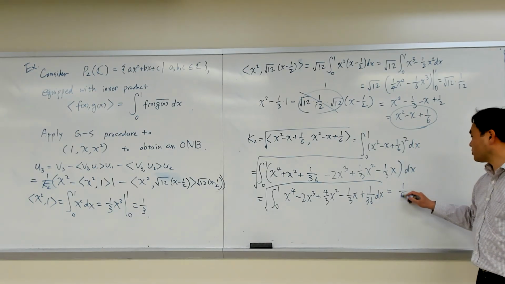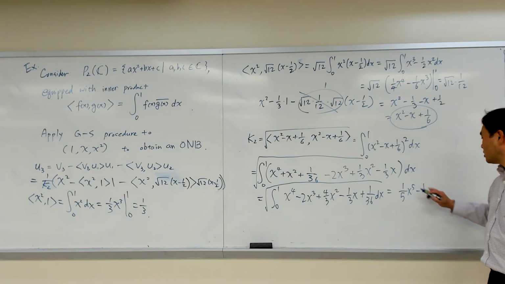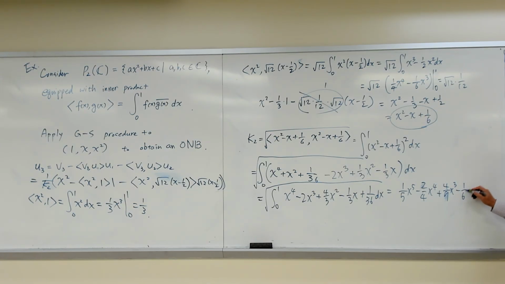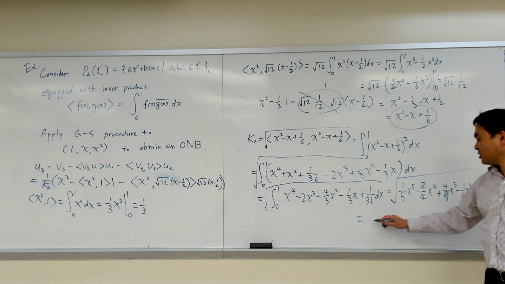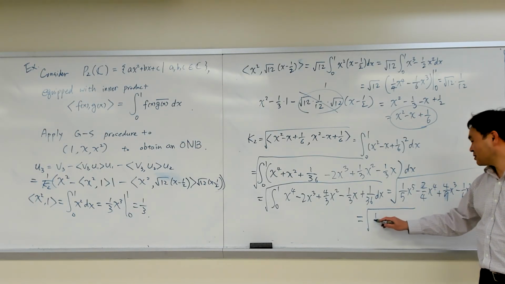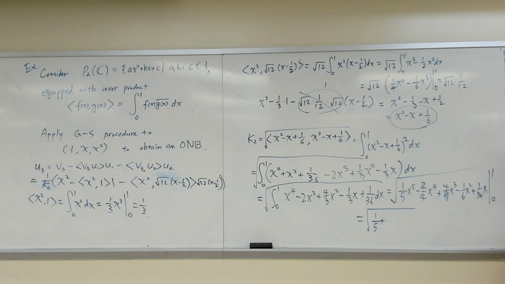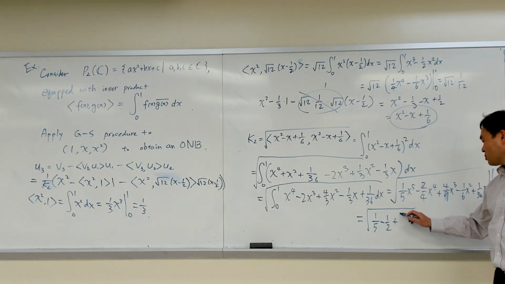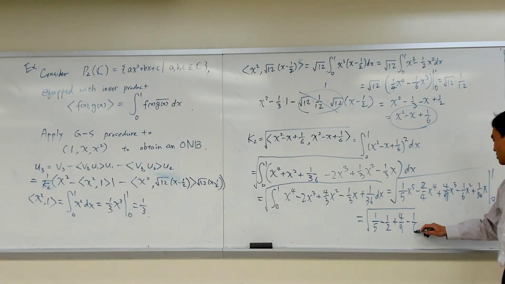That gives you 1/5 x to the 5th minus 1/2 x to the 4th plus 4/9 x cubed minus 1/6 x squared plus 1/36 x, and then you plug in 1 and 0. It's still square root. And wow, I'm kind of regretting I chose these numbers. 1/5 minus 1/2 plus 4/9 minus 1/6 plus 1/36.